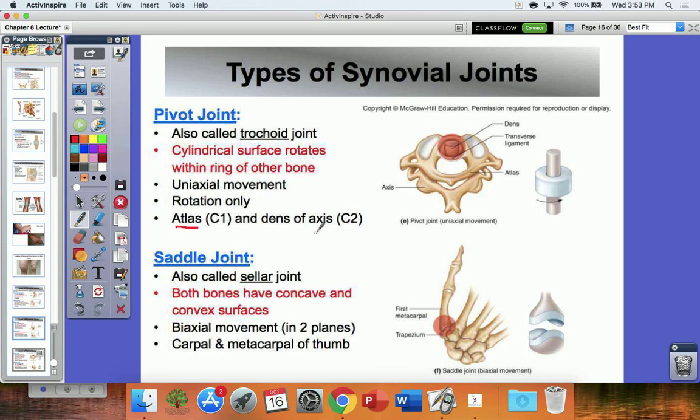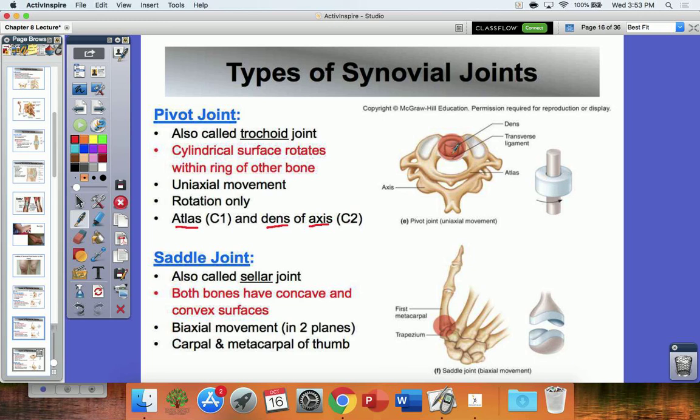Hopefully we remember what those two are. So the axis and the atlas are the first two cervical vertebrae. And if you remember, we have a structure on the axis specifically that is called the dens. And it's the kind of sharp portion that sticks upward. And there's an opening of the atlas that it sits around and allows for rotation of our neck.